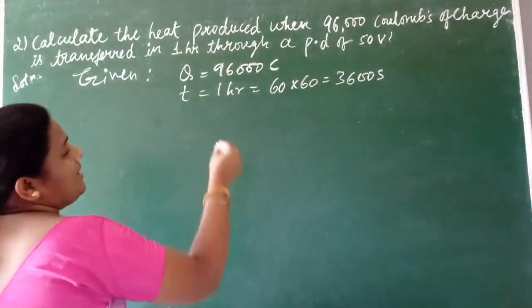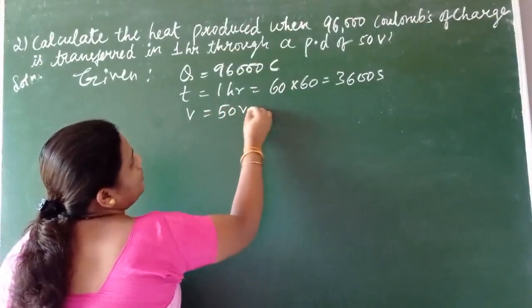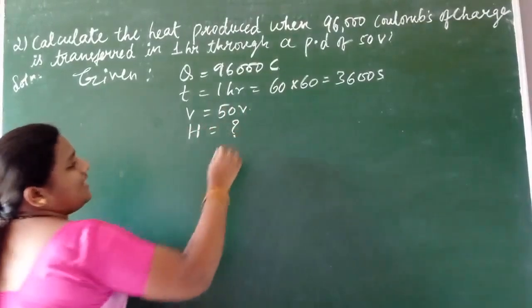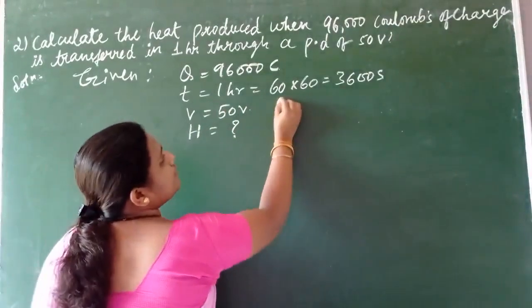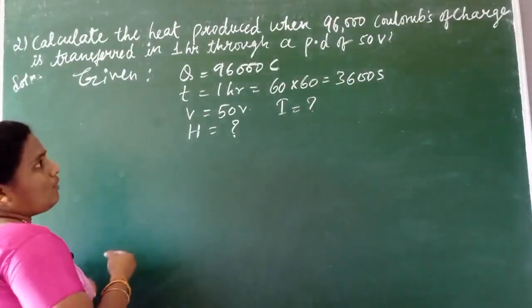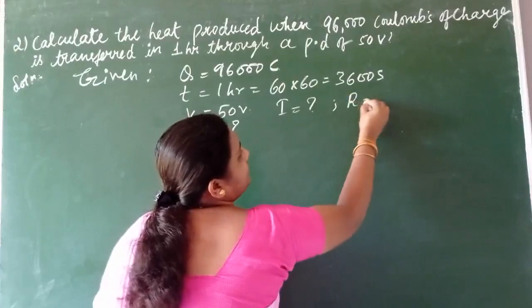Isn't it, children? Then voltage V is equals to 50 volts. What they have asked is to calculate heat, that is H is equals to how much? And we also want to know the I value, because in the formula we have the I quantity. So we have to calculate I, then R.